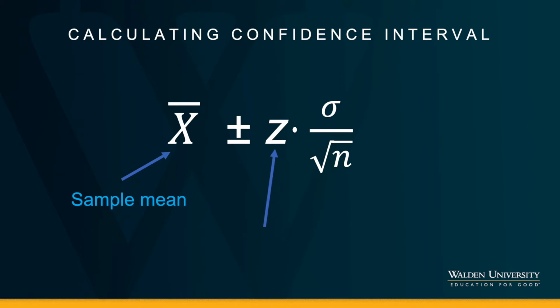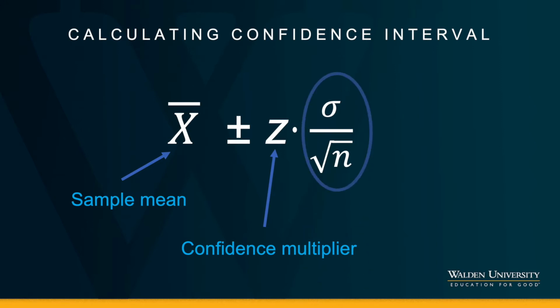The Z is the confidence multiplier that is actually determined by the confidence level that you set. If you set a confidence level of 95%, you have a 5% chance of making a mistake. That's your type 1 error, and that relates directly to a Z of 1.96.